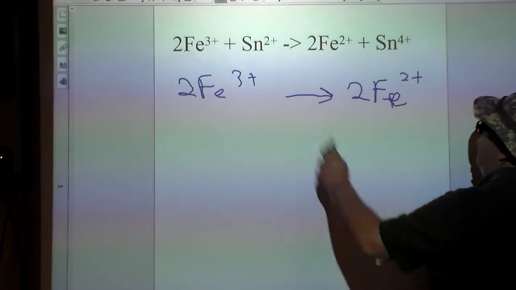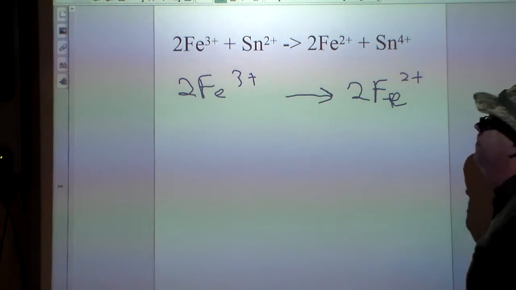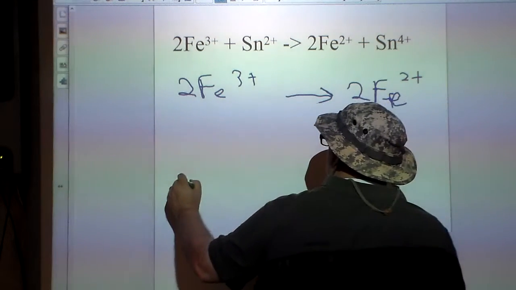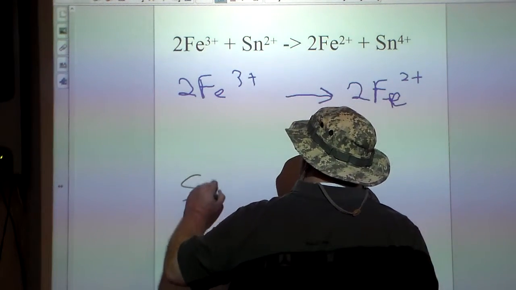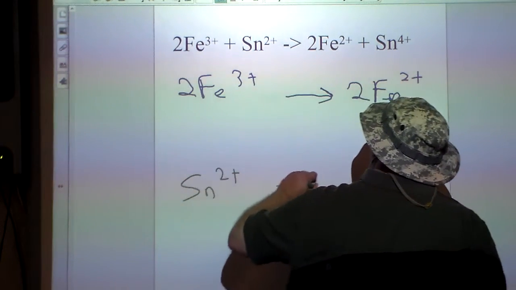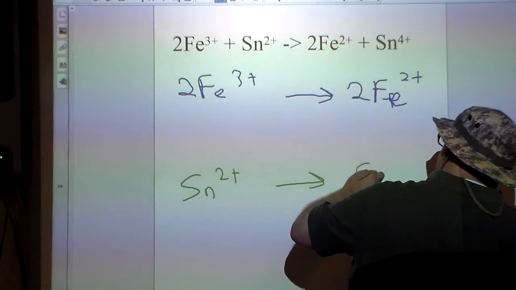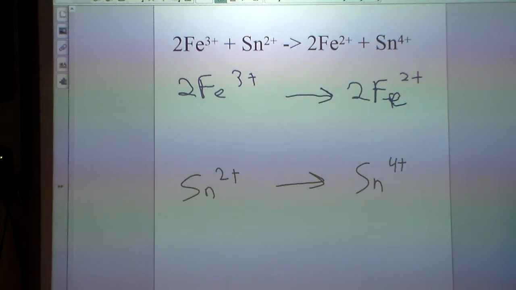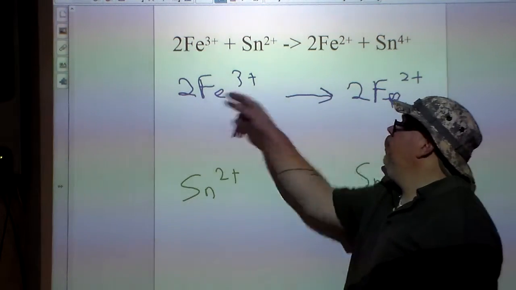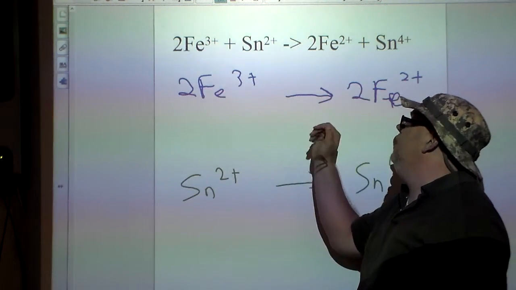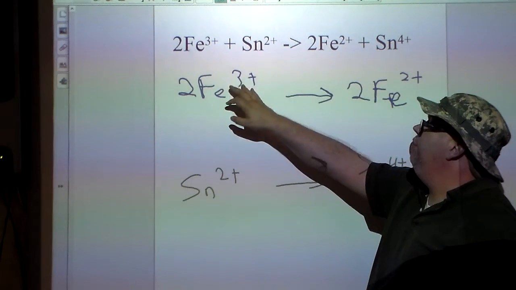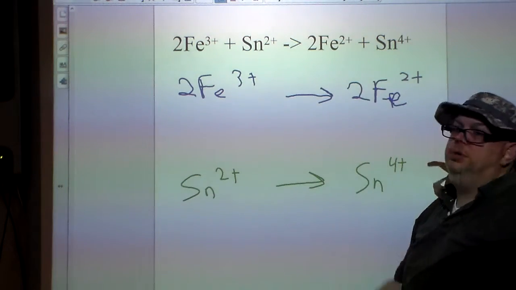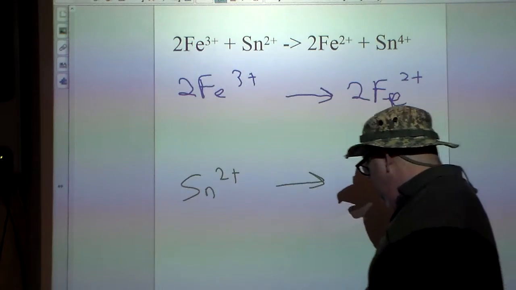So we broke it into our half reaction with the iron, okay? And then down here we got Sn2+ breaking into Sn4+. Okay, well let's see. 2 Fe's, 2 Fe's. Great, we're okay there. But again, we went from a 3+ to a 2+. Whoa. So wait a minute.